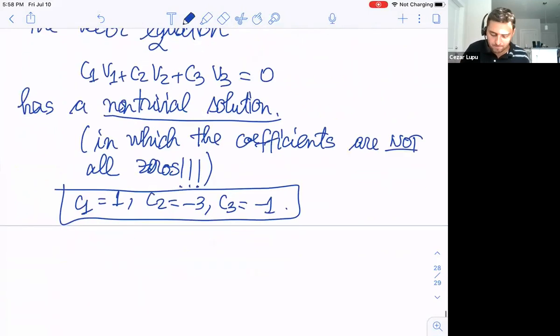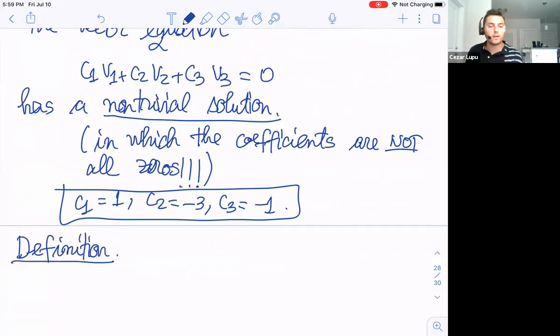And now we can state the definition of linear independence.